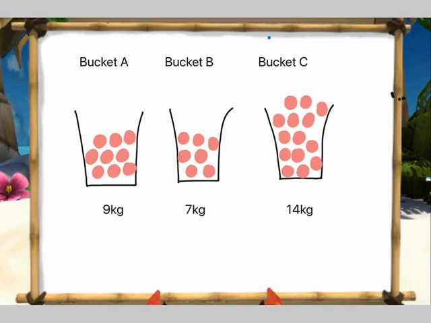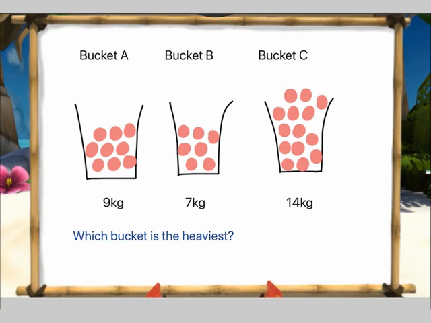If you see here, there are 3 buckets. Bucket A is 9 kg and bucket B is 7 kg and bucket C is 14 kg. All the 3 buckets are filled with apples. So bucket A has 9 kg of apples, bucket B has 7 kg of apples, and bucket C has 14 kg of apples. Which bucket is the heaviest?